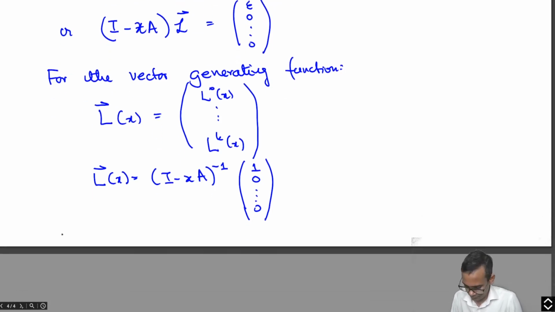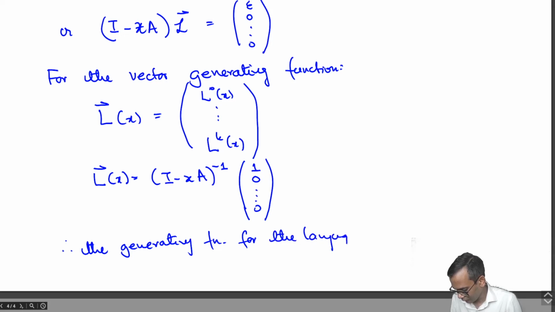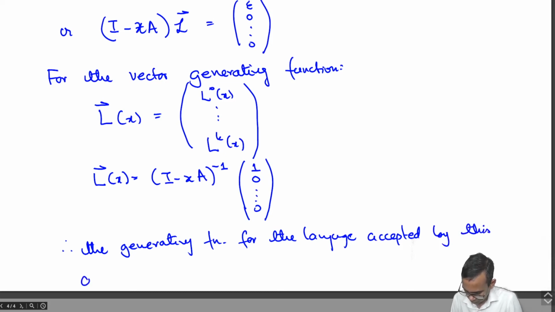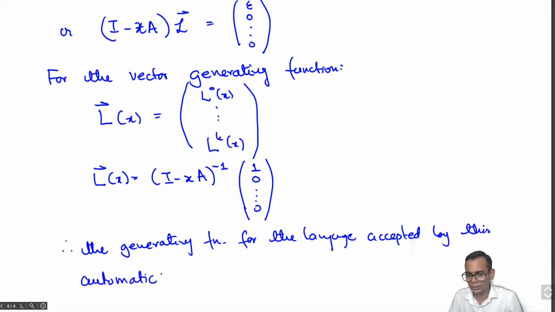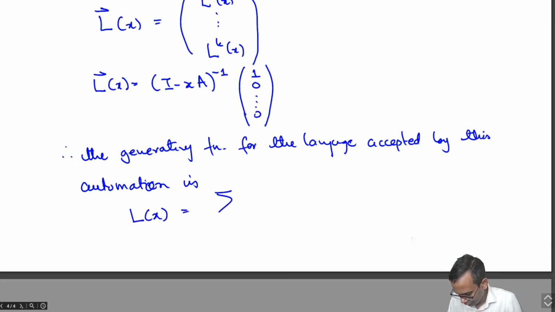Therefore, the generating function for the language accepted by this automaton is just the sum of generating functions corresponding to the accepting states, those states which are accepting, Lix.